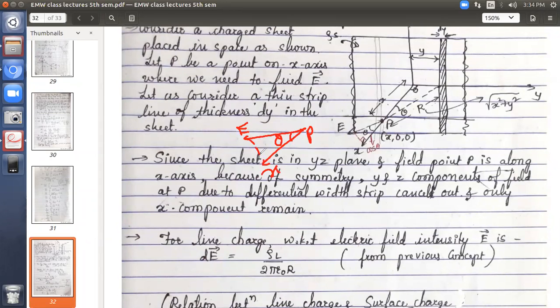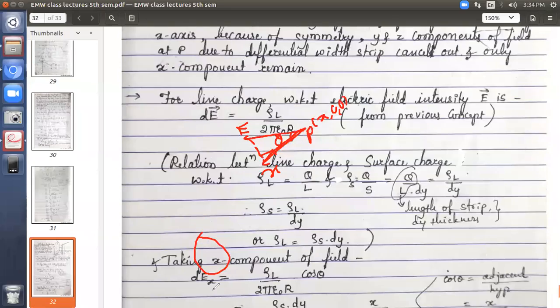If you make a triangle here, point P's coordinates you already know, x, 0, 0. According to this, this is your 90 degrees. I want the x component of the field, right? E suffix x, the x component of the field.